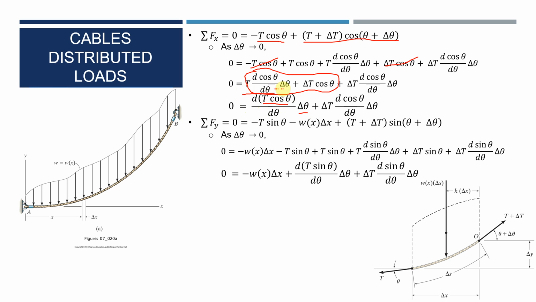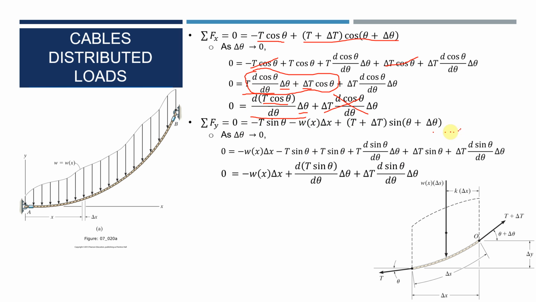And here's the delta theta over here. dT d theta delta theta is going to give you delta T, by the way. So you can do this by product rule differentiation, you can verify this. And then as you divide by delta theta and take the limit as theta goes to 0, you're going to find out that this term is not going to matter anyway. So it's only this right here that makes a difference.